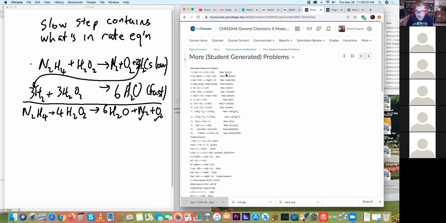So what you're looking for is this. You look at the rate equation. This is the slow step. It has FeOC. If there's stuff in here that isn't a reactant, then the slow step is the second step. If everything in the rate equation is in the actual equation here, then the slow step is the first step.